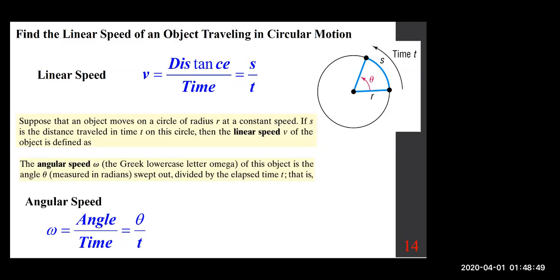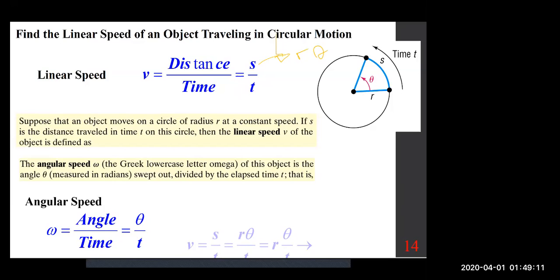Here's the reason. S, we can replace it with r theta. Everybody knows that, right? S is the same as r theta, right, class? So replace the s with r theta. You get r theta over t, or r times theta over t.